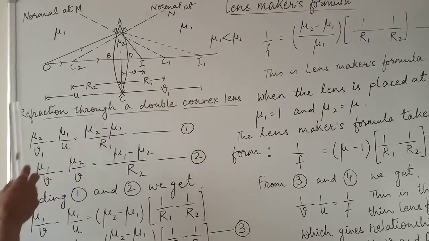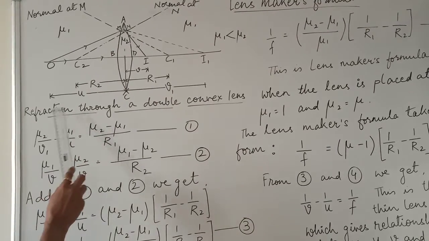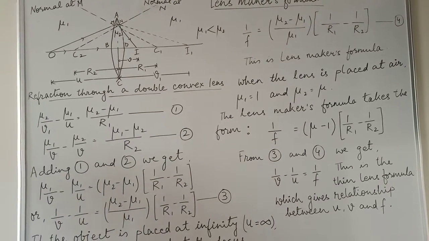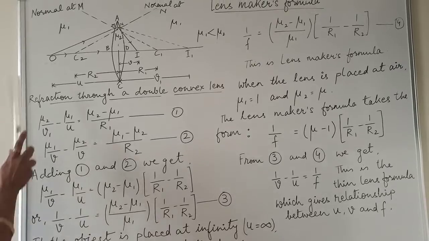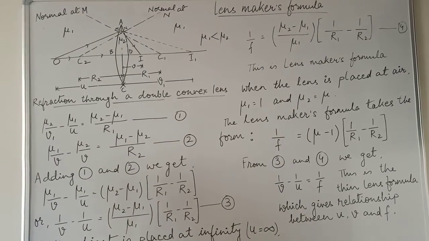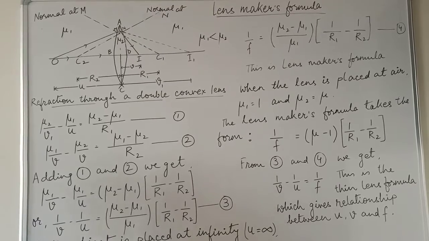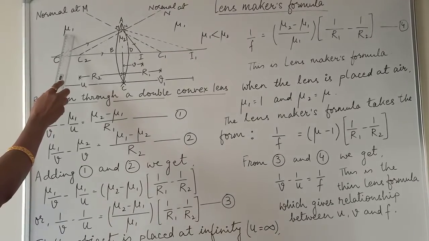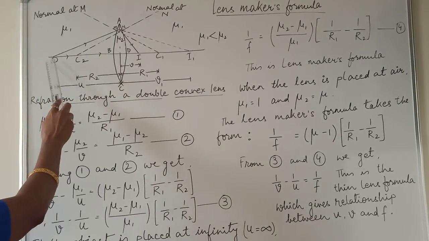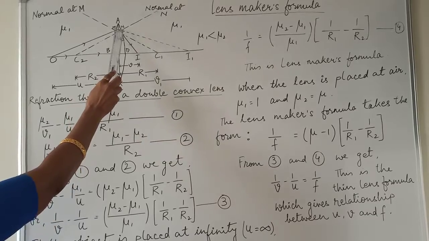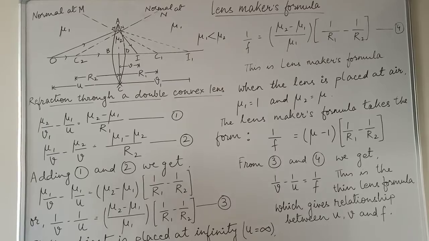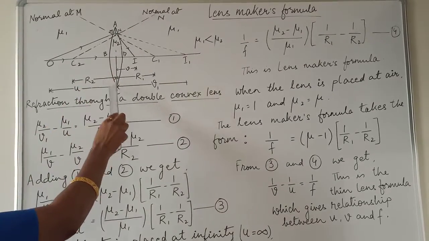Now you see refraction through a double convex lens. Suppose a point object O is placed on the principal axis in the rarer medium of refractive index mu1. The ray OM is incident on the first surface ABC.